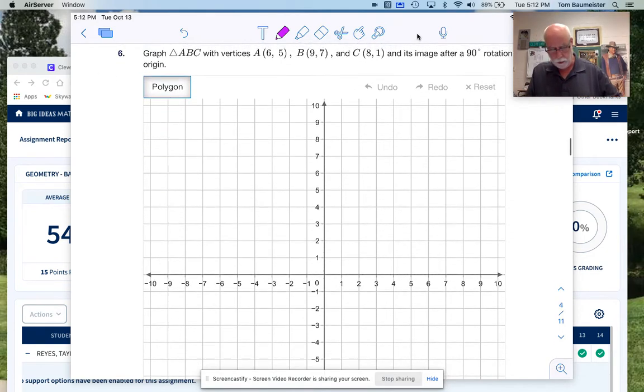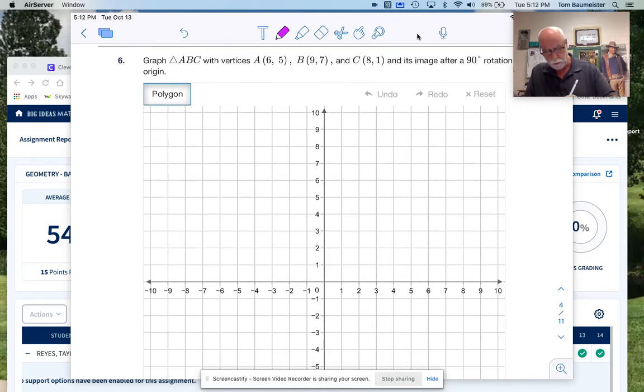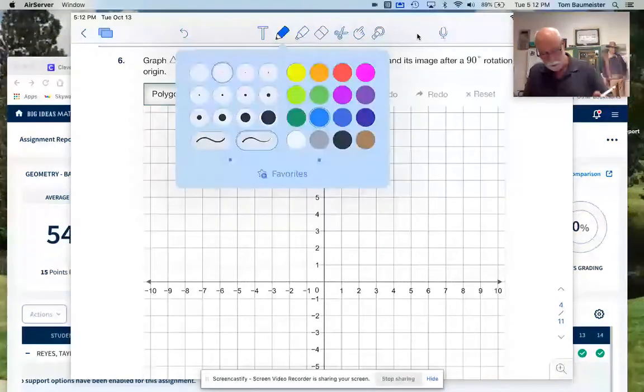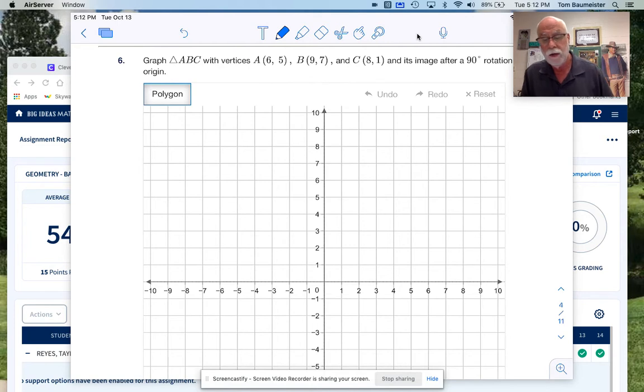Let's see here. They want us to graph both of them. So we're going to graph triangle ABC with vertices at A (6, 5), B (9, 7), and C at (8, 1), and its image after a 90-degree rotation about the origin.